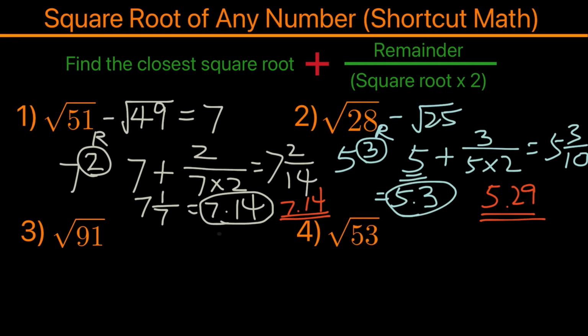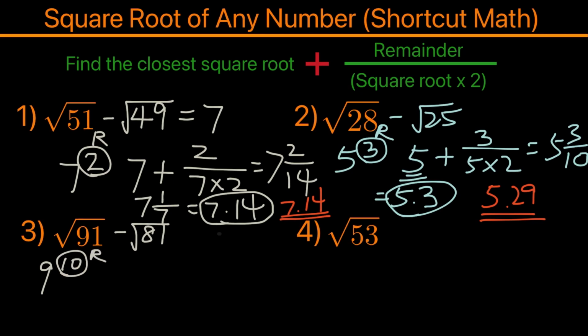Now for the third example, we have the square root of 91. So we'll look at the closest square root, which in this case is 81. The square root of 81 is 9. So we'll have 9. And then we have 91 minus 81. We have a 10 as a remainder.